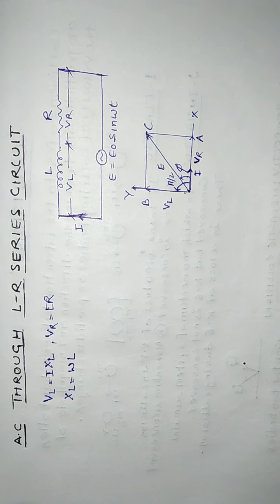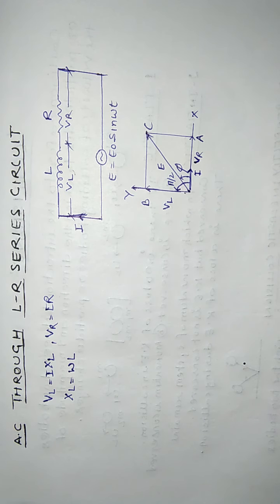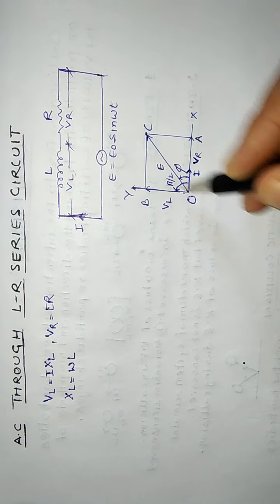And we have also discussed that when AC flows through an inductor, there is a phase difference of pi by 2 between current and voltage. So this phasor VL is shown here, leading I by a phase angle pi by 2, and it is represented along OY.